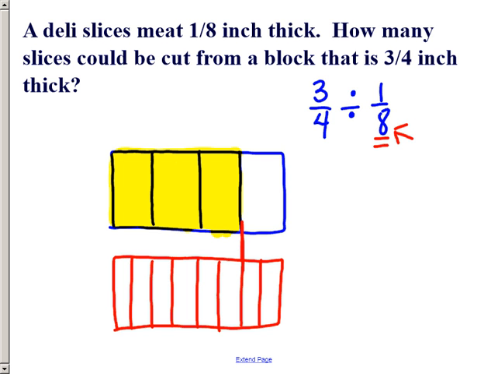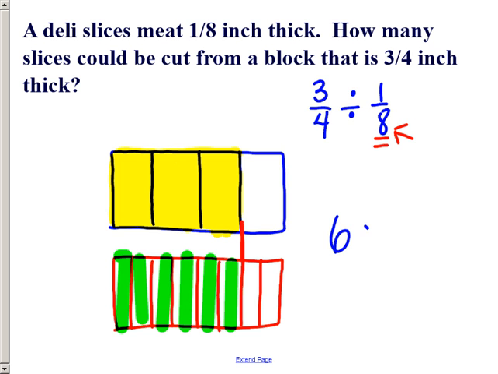So when I look at that, if I want to know how many eighths are in 3/4, I'm going to have 1, 2, 3, 4, 5, 6 pieces that are each 1/8 of an inch thick. So 3/4 divided by 1/8 is going to be 6 slices. I would be able to get 6 slices that are each 1/8 of an inch thick.